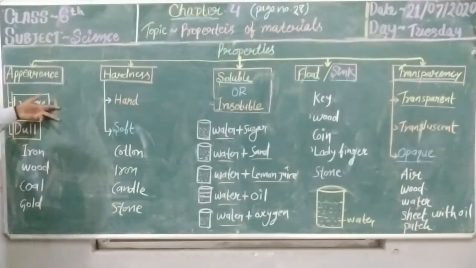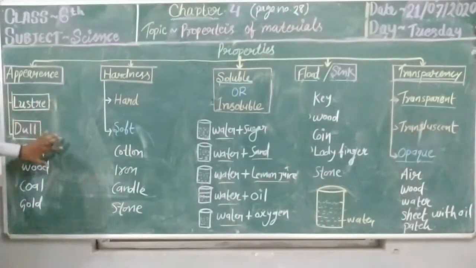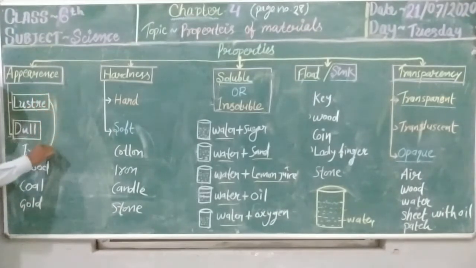On the basis of these 2 properties, we try to sort some materials. I take the examples of iron, wood, coal and gold. Iron shows which property, luster or dull? We already discussed that iron shows luster property, meaning it shines. The second substance is wood.